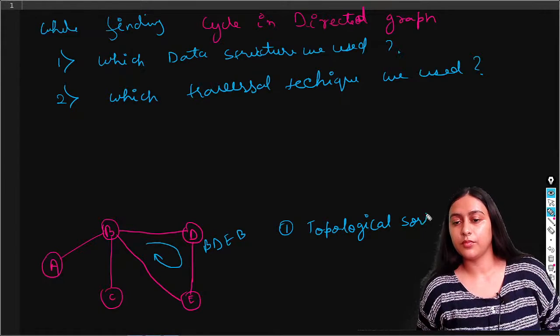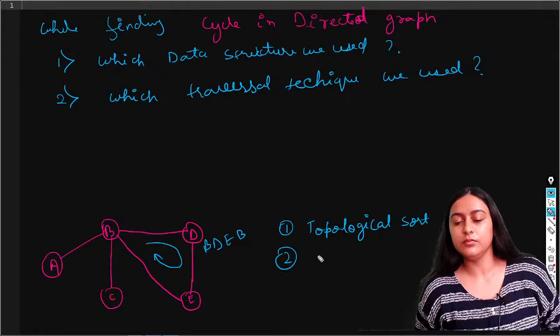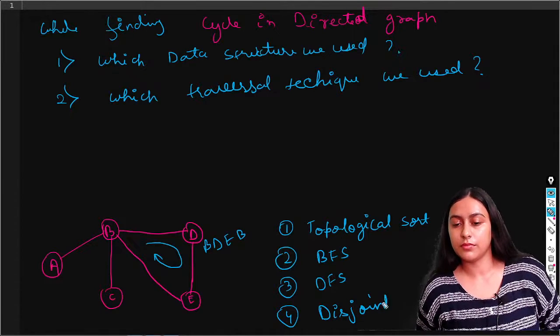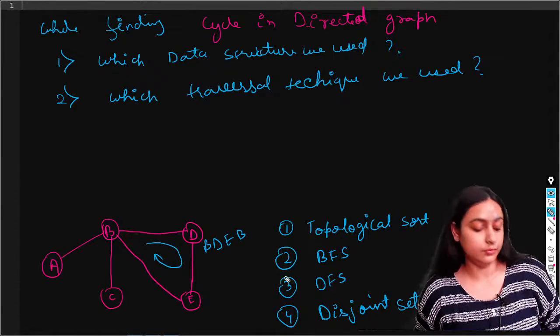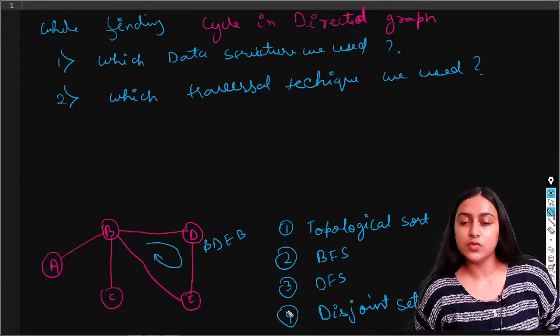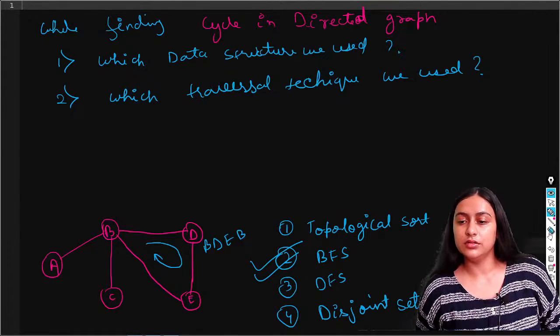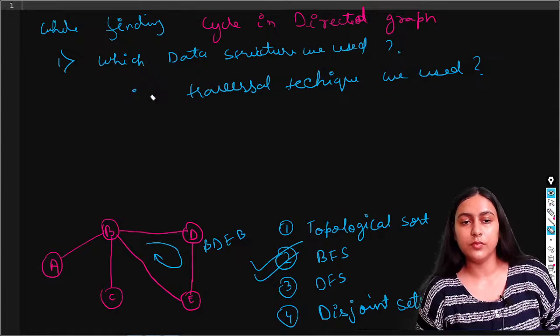The next ones are BFS traversal, DFS traversal, and disjoint sets. These are the different techniques by which I can find the cycle in my undirected graph. But in today's class we are going to focus on BFS. We are going to use breadth first traversal for finding the cycle in our undirected graph.